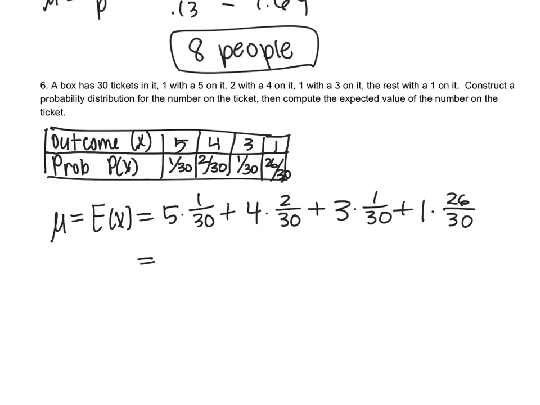Multiplying each of these values by their probability and adding them all together, we're going to get an expected outcome of 1.4, which makes sense since the most number of tickets came with having a 1 on it. So you would expect your expected value to be something close to the most common ticket.